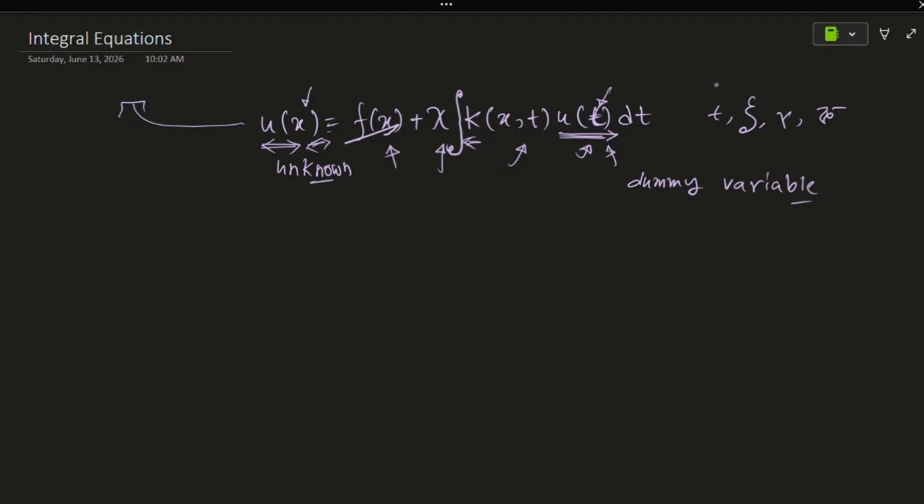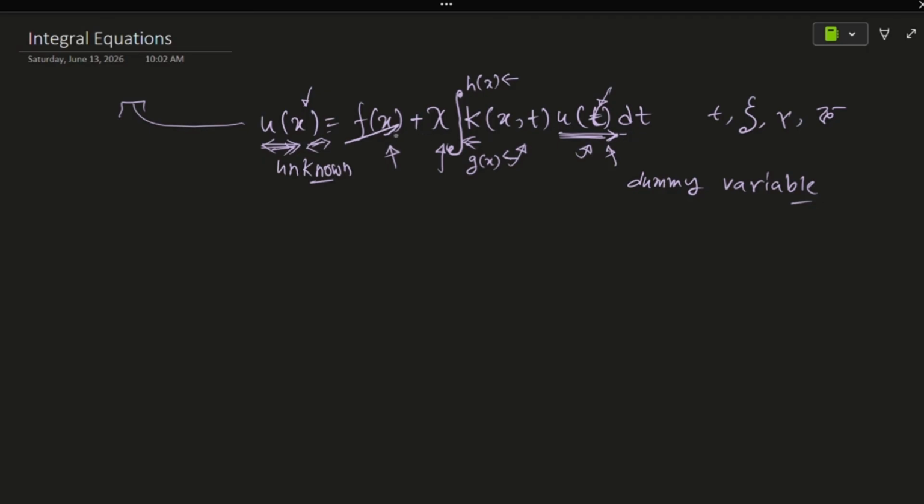In older textbooks, they probably used a Greek letter, I just forgot its name. When we do the math and finally plug in the limits, g of x to h of x, which are very important, we'll see why later on. When we plug in the limits, the t or any dummy variable just vanishes, so it doesn't matter. So we understood that if the unknown function exists inside the integral sign, it is called an integral equation.